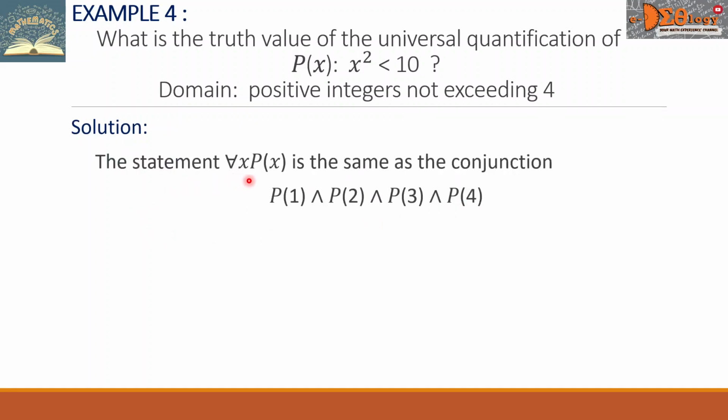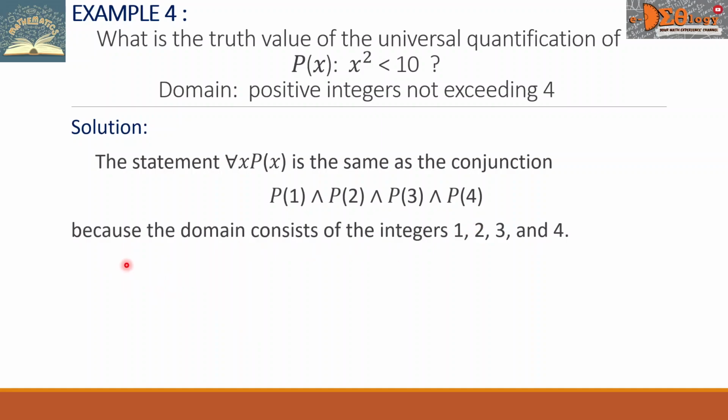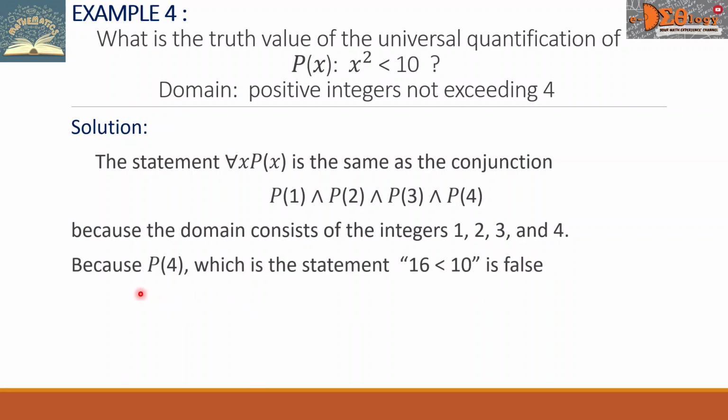The statement for all x, p of x, is the same as the conjunction p of 1 and p of 2 and p of 3 and p of 4, because the domain consists of the integers 1, 2, 3, and 4. Because p of 4, which is the statement 16 is less than 10, is false, it follows that for every x, p of x is false. Here, the number 4 is the counterexample.